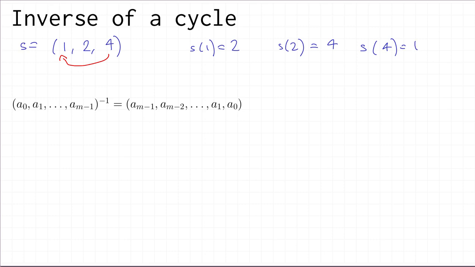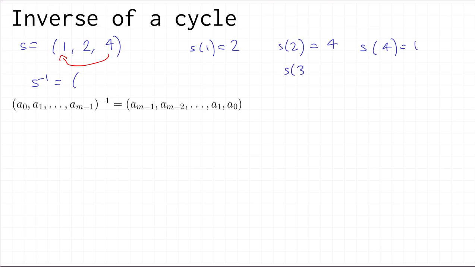So what should the inverse of S look like? Well, the inverse of S should be a permutation which sends, well, since S sent 1 to 2, S inverse should send 2 to 1. And since S sends 2 to 4, S inverse should send 4 to 2. And S sends 4 to 1, so S inverse should send 1 back to 4. And the number 3, for example, S sends 3 to itself, so S inverse should send 3 to itself.